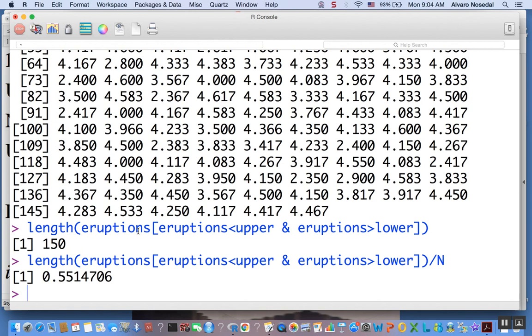Okay, so let's summarize. So what we did today is we talked about the 68, 95, and 99.7 rule. Okay? So what that rule states is going to give you an approximation of the proportions that you would expect for 3 different intervals.